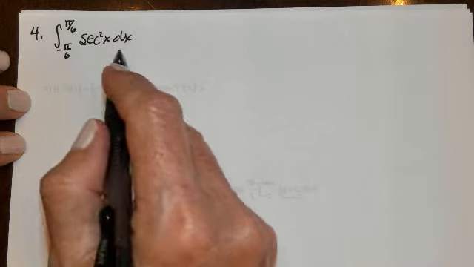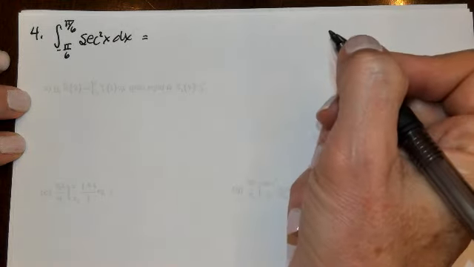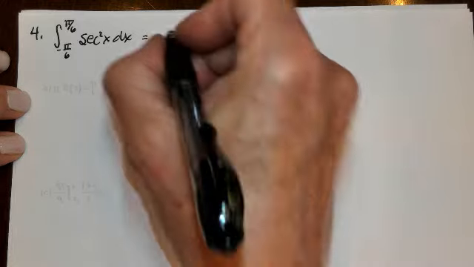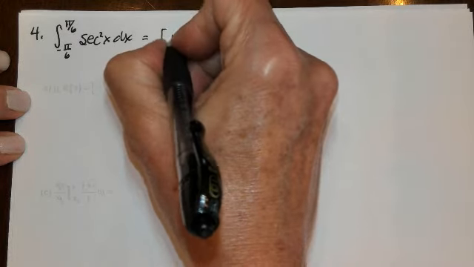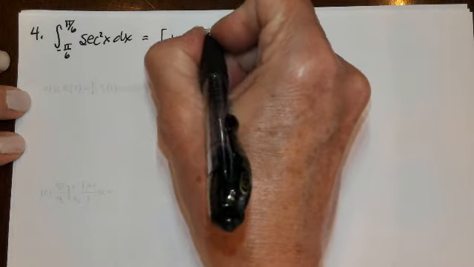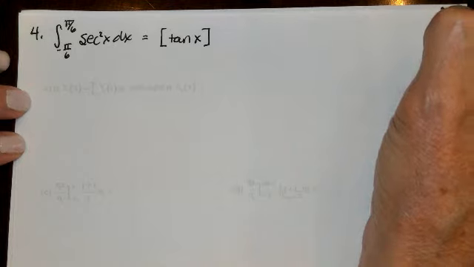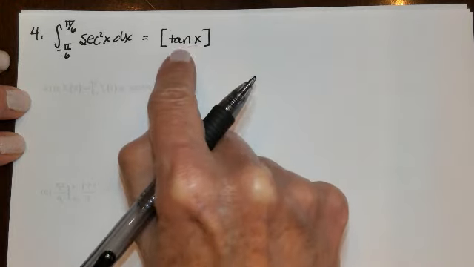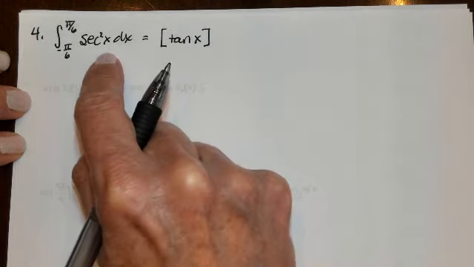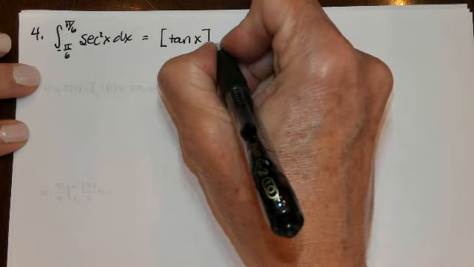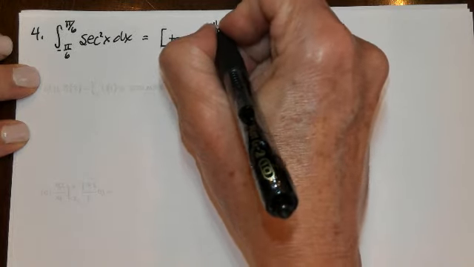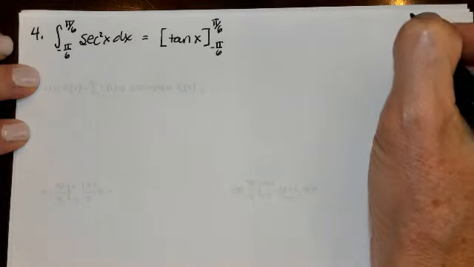Well, the function whose derivative is secant squared is tangent x, right? So our antiderivative is tangent x, not tangent squared, because the derivative of tangent x is secant squared x. Okay? And we need to evaluate tangent x from negative pi over 6 to pi over 6.